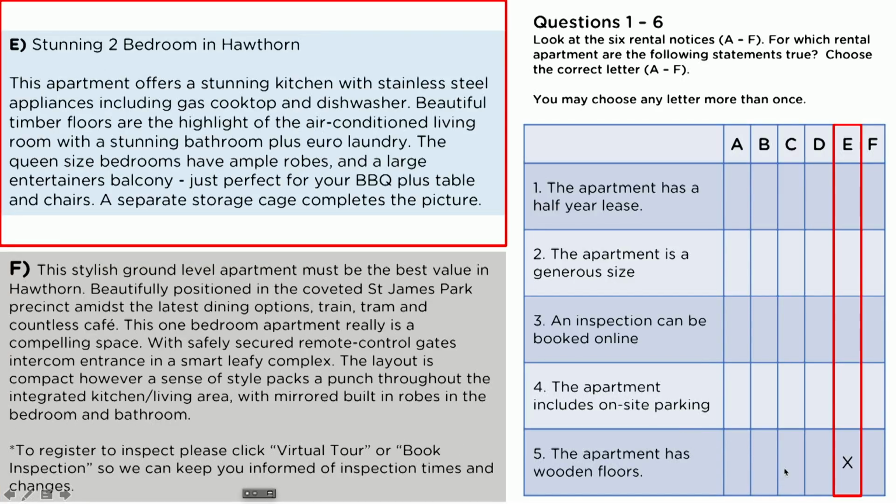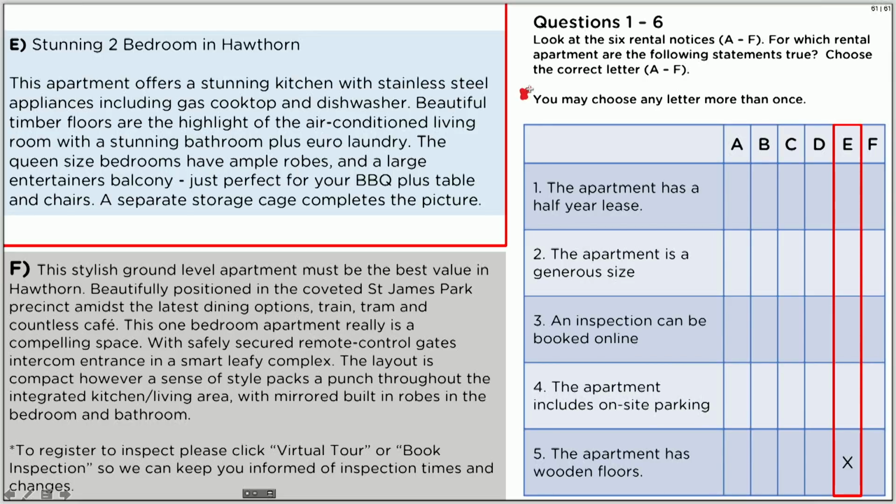Well, apparently E has wooden floorboards as well, because the other thing that you need to pay attention to is this little thing here that says you may choose any letter more than once. Now we've already seen one that had wooden floorboards, timber floorboards, and now we've seen another one and we can select it again here, because it says, where does it say?